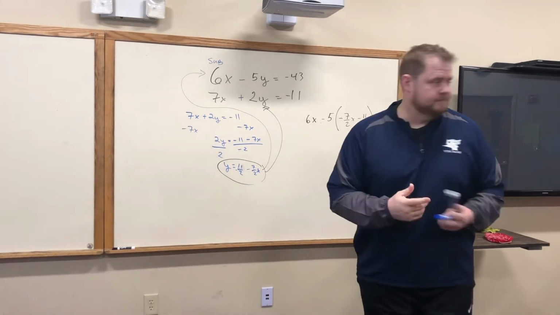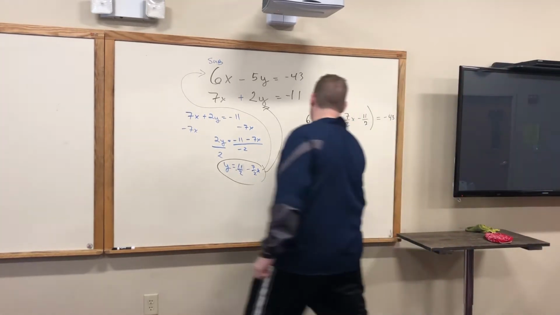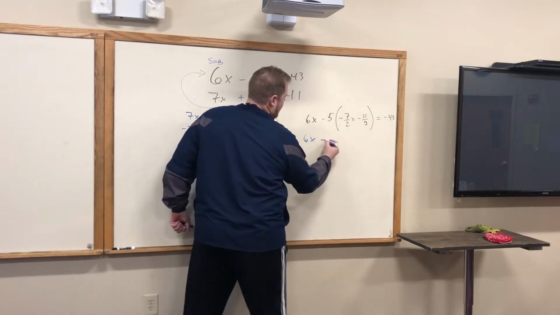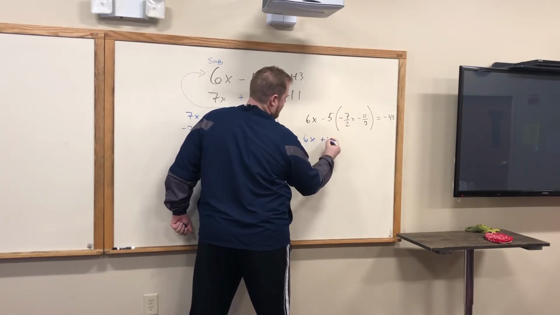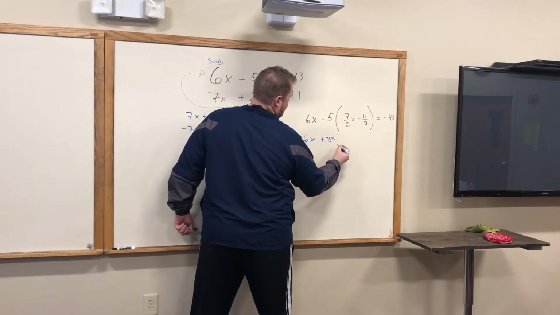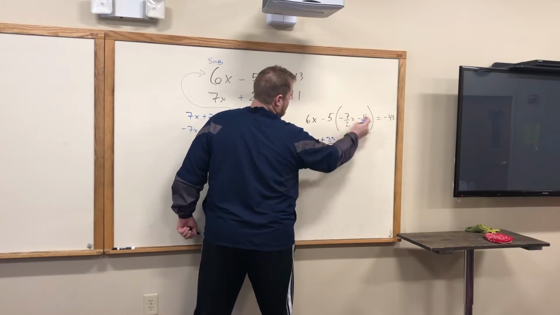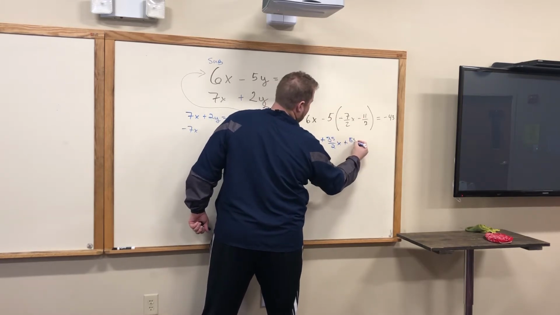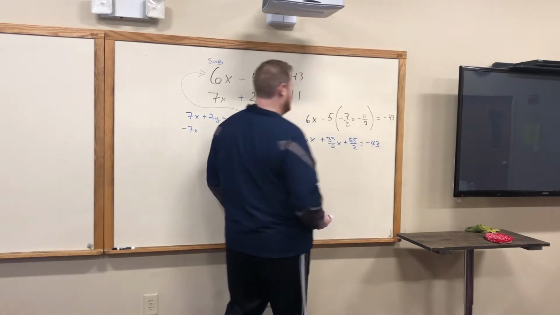Now we just have to do the math and move stuff around. So 6x, minus a minus becomes a positive, 35 over 2 x plus 55 over 2 equals negative 43.